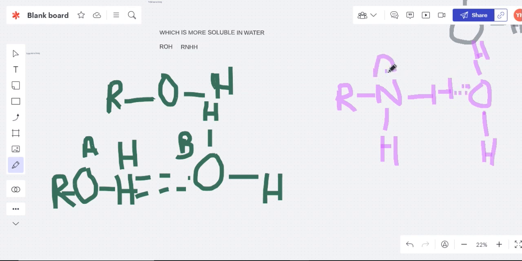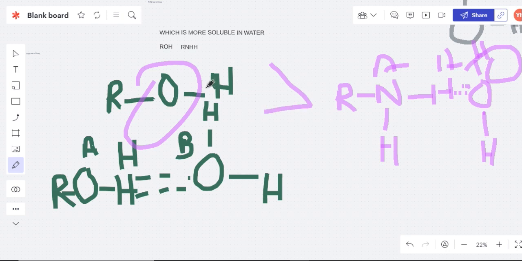So it is also forming A-H-B. Since this nitrogen is less electronegative, but this oxygen is more electronegative, this is more soluble in water. So this alcohol is more soluble in water, but the amine is less soluble in water.